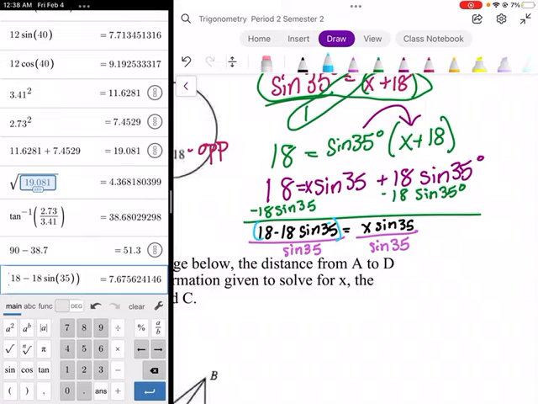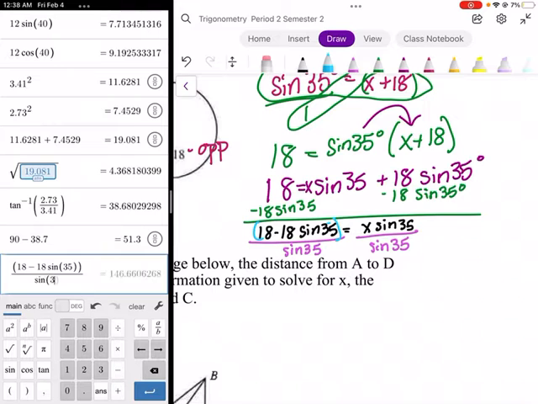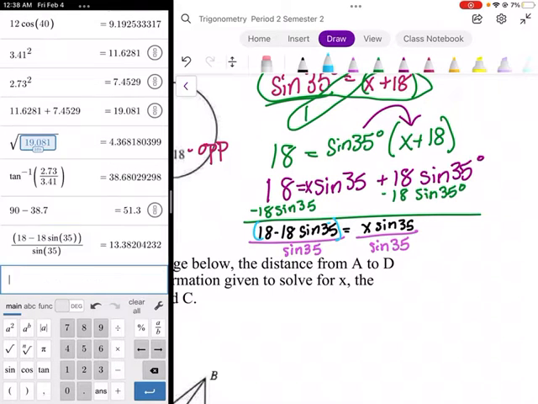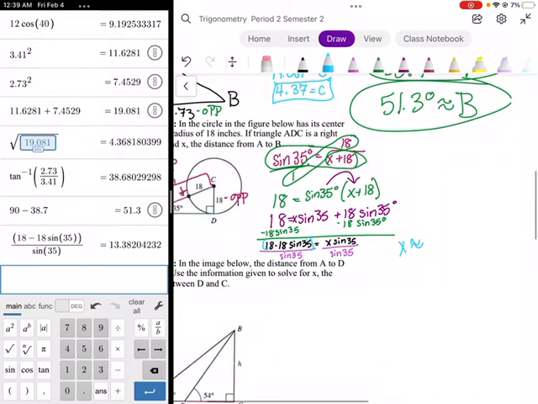So this one, you'll have to type 2 parentheses and then do the division of sine 35. If you don't have all of the parentheses you need, your calculator is going to follow PEMDAS, and that's not always going to be in the order we need it to follow. So in this example, we will have x is about equal to, we'll do 13.4.